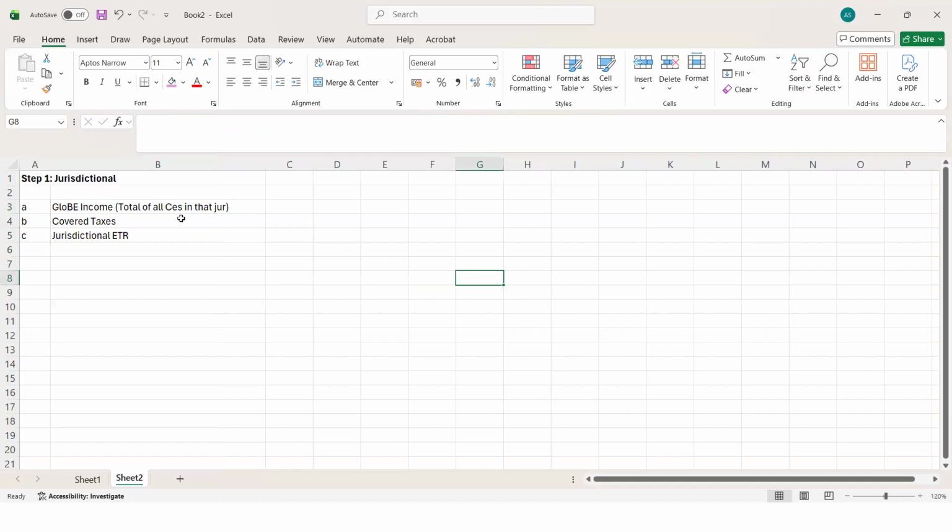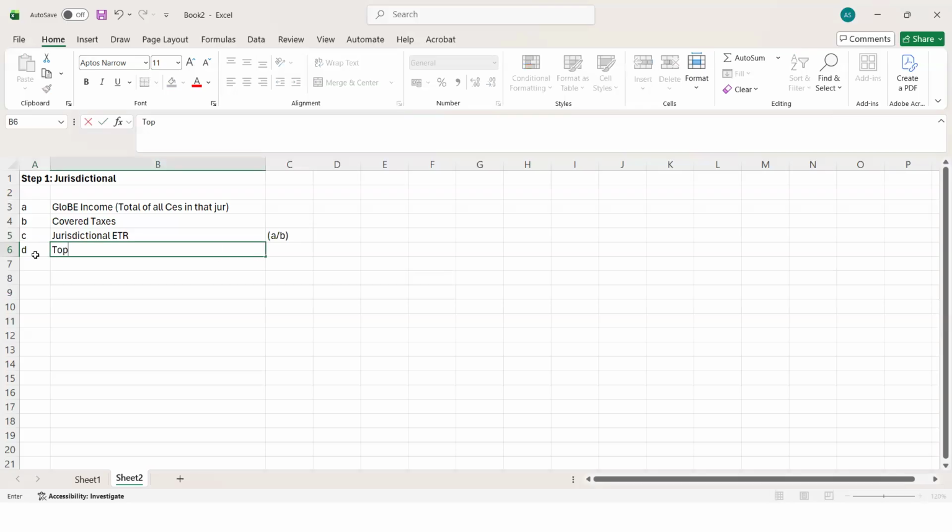Then we get the covered taxes. Then we find the jurisdictional ETR. How do I find the jurisdictional ETR? It is nothing but A divided by B. Correct?